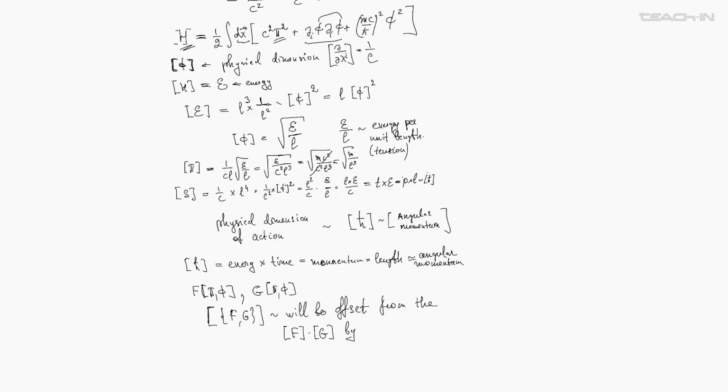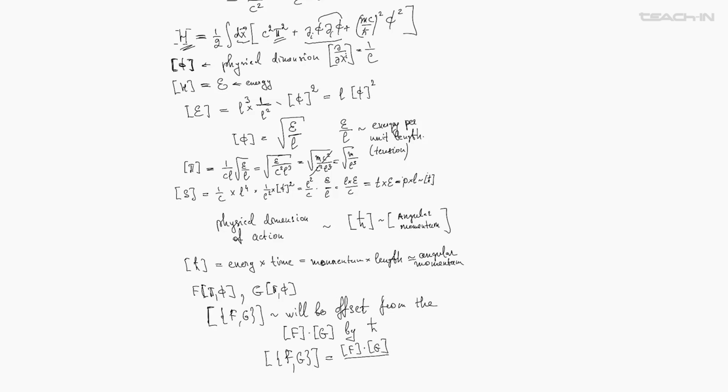So in other words, the physical dimension of the Poisson bracket is not equal to the product of f with g, but it is offset by 1 power of h bar.